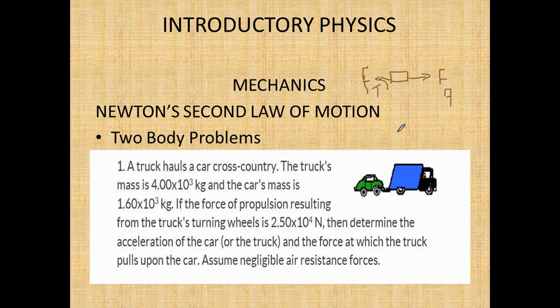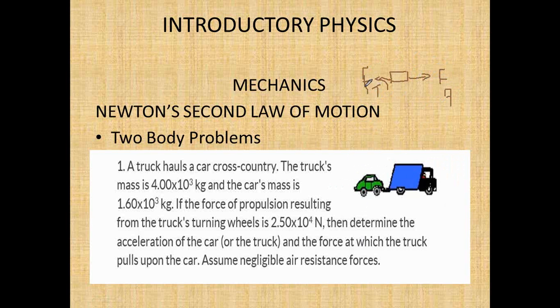So if you separate out the tow truck, you have an applied force pulling it forward, and then the tension due to the car pulling on the cable, which is going to be in the opposite direction. Okay? So we know that net force causes acceleration.